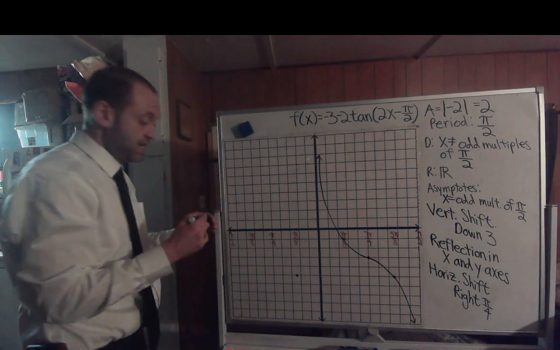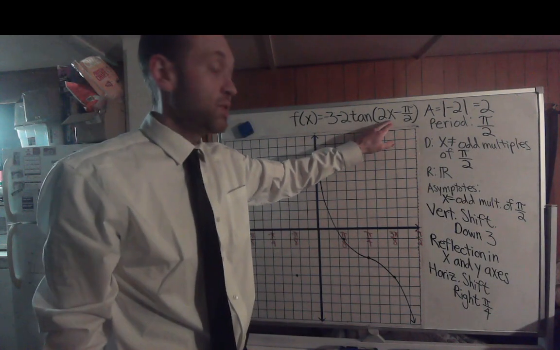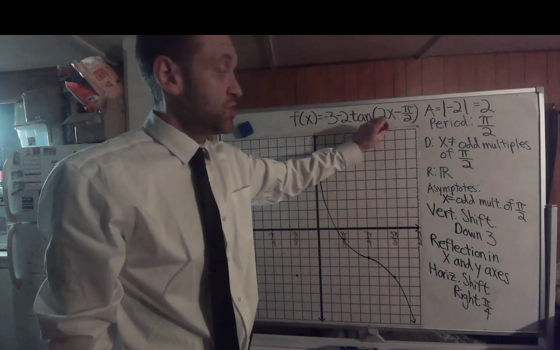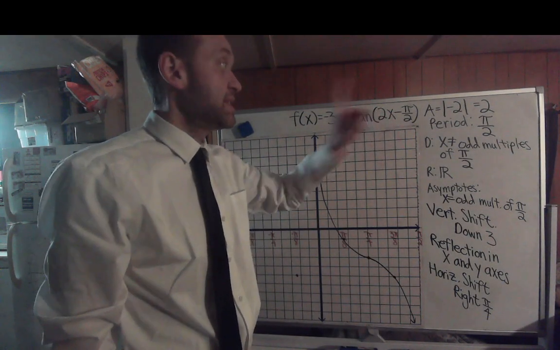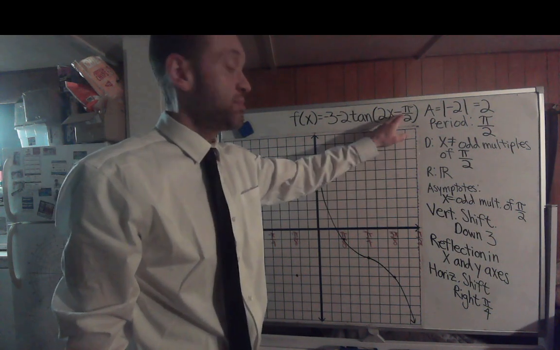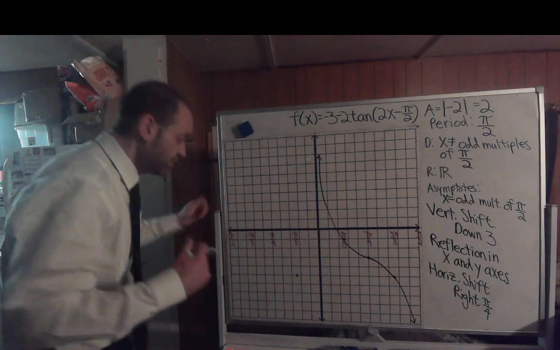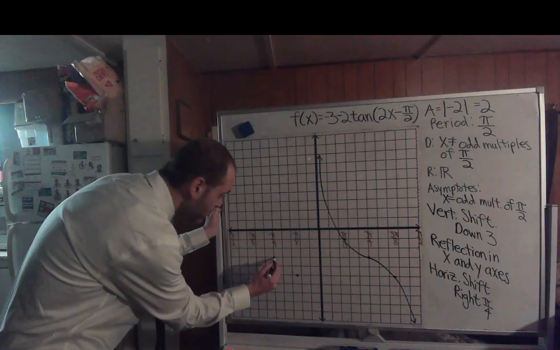Okay, let's put in negative pi over 4. That's going to give you the tangent of, so 2x times negative pi over 4, that's negative pi over 2, minus pi over 2 is negative pi, that's normally 0, then minus 3, you'll get negative 3.